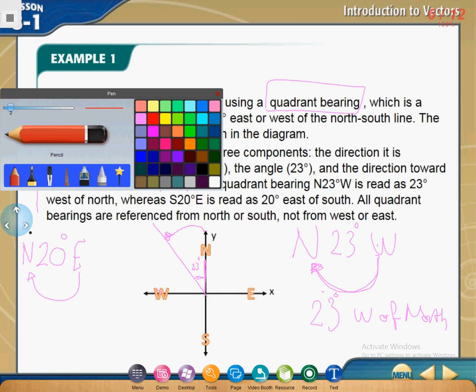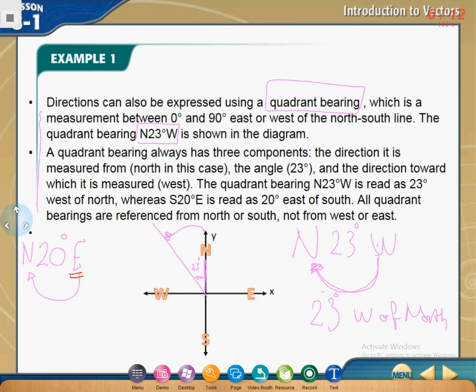Another color. Let's start. So I will start from north going to east. This is starting from north going to east. And what should the angle be? Excellent. 20 degrees. Again, we read it 20 east of north. I'm starting from north going to the east. This is my vector now. I hope it's clear.